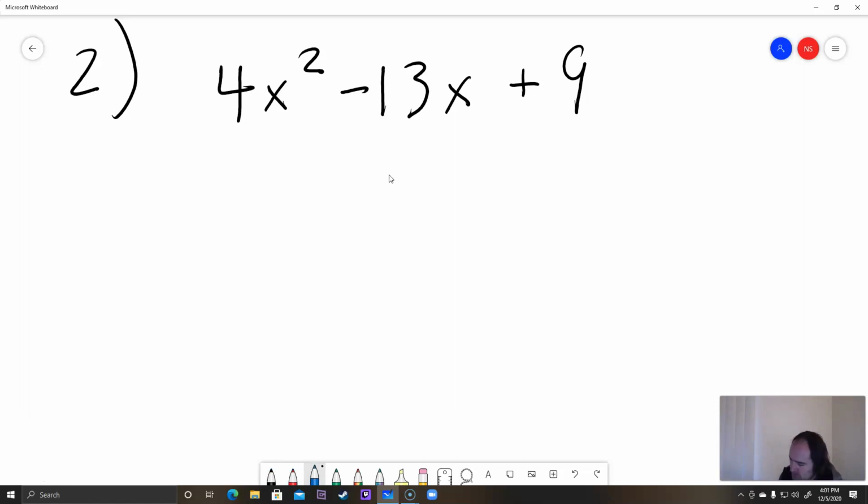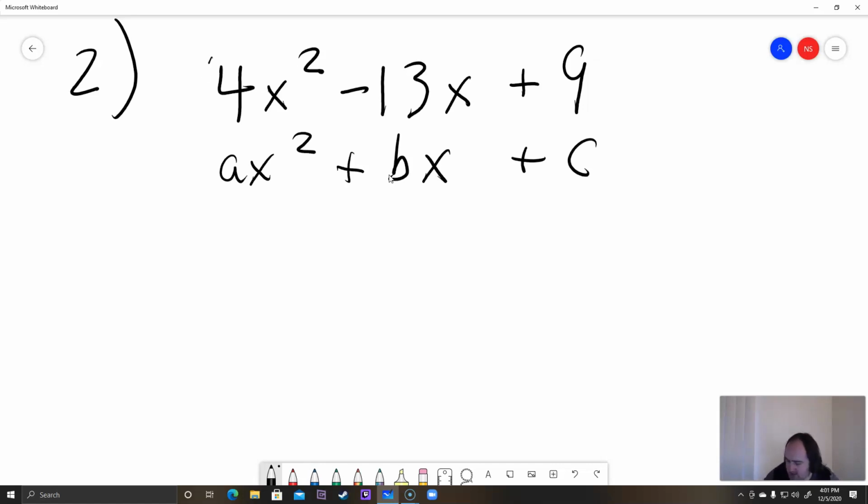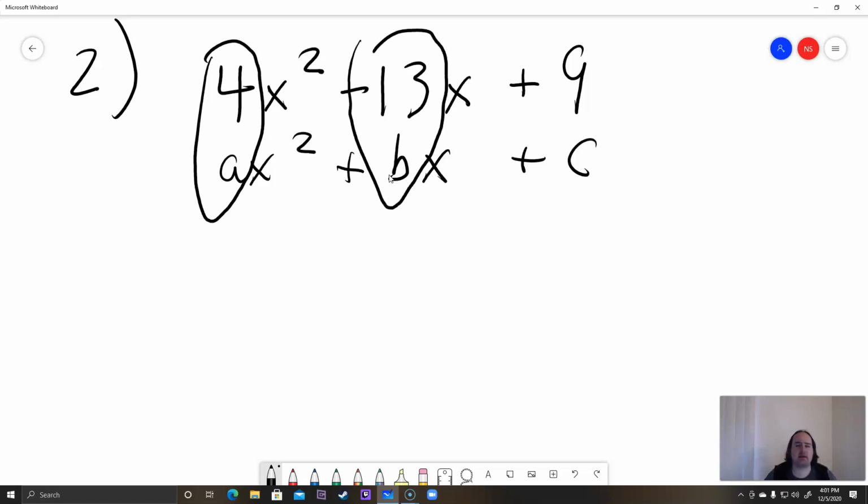Okay, so here we've got our ax squared plus bx plus c. And here we can see that a is positive 4, and b is actually going to be negative 13 because it's negative 13x. And then c is going to be positive 9.